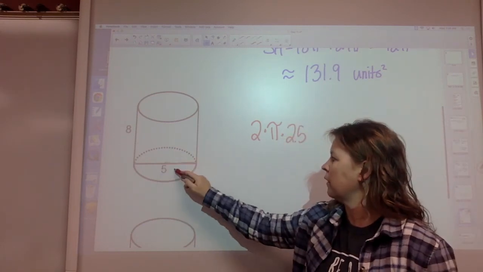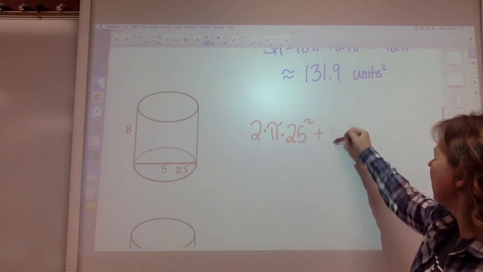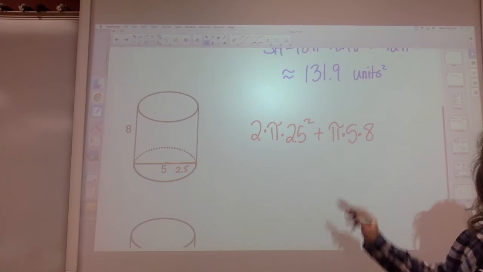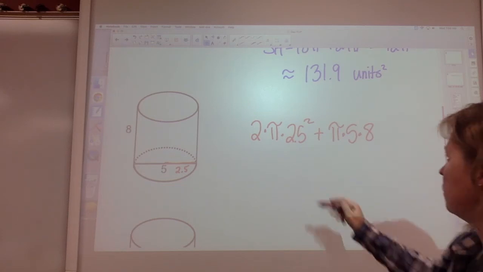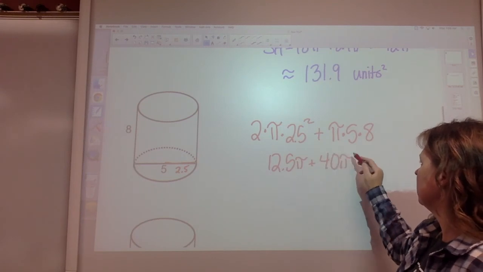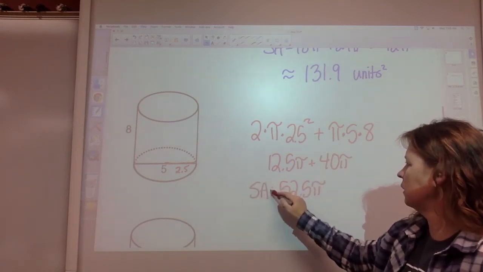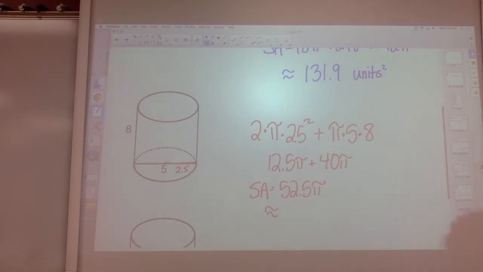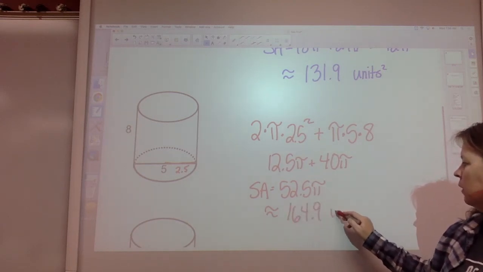The radius is only 2.5 squared plus pi times diameter of 5 times the height of 8. 2.5 squared times 2 is 12.5 pi plus 40 pi would equal 52.5 pi surface area, which is approximately 164.9 units squared.